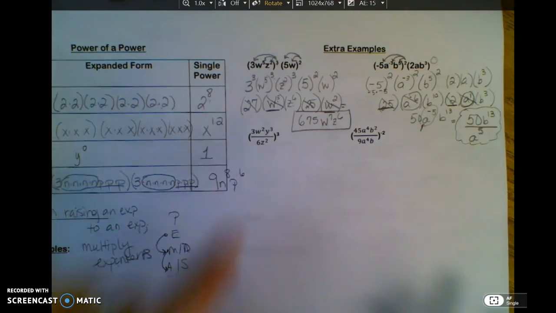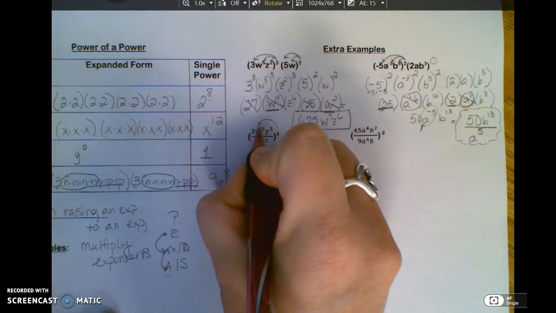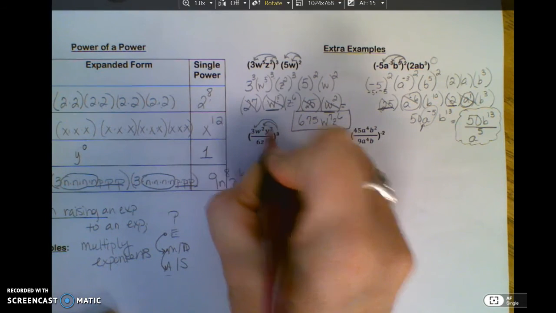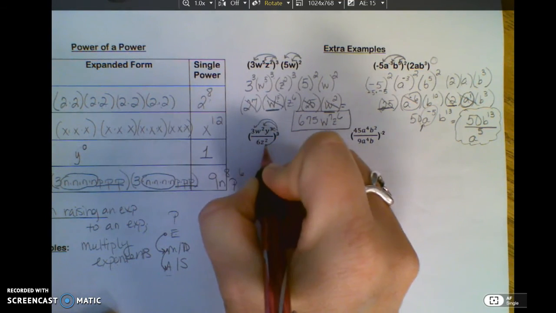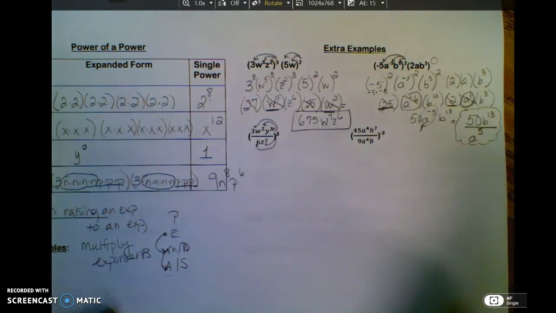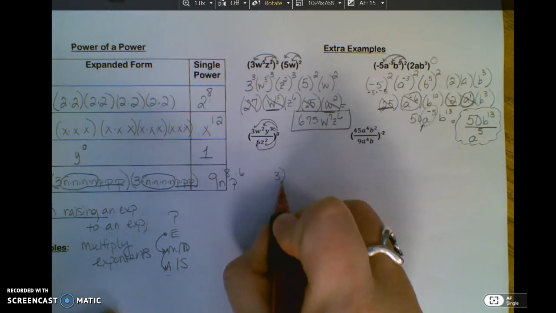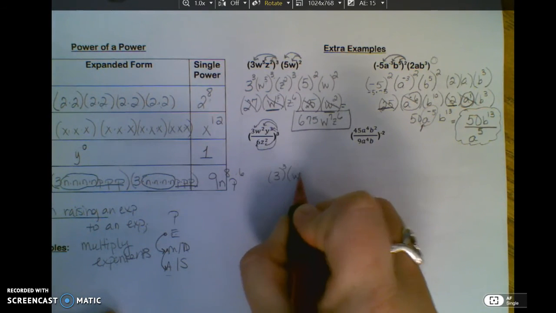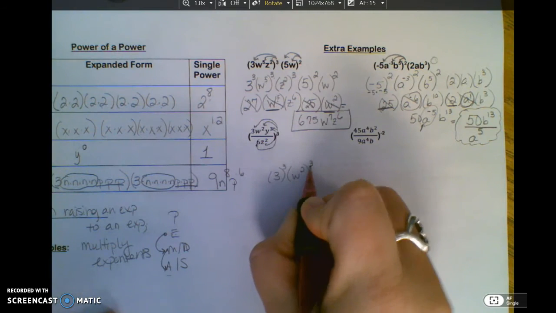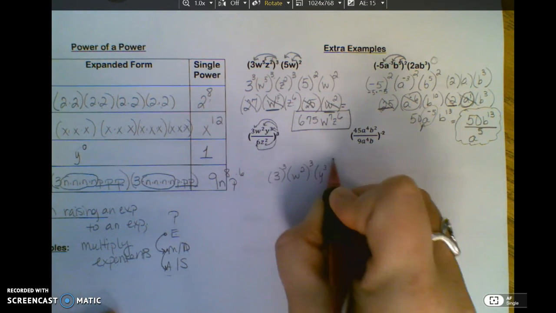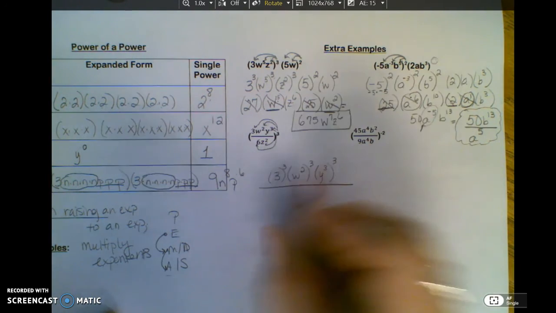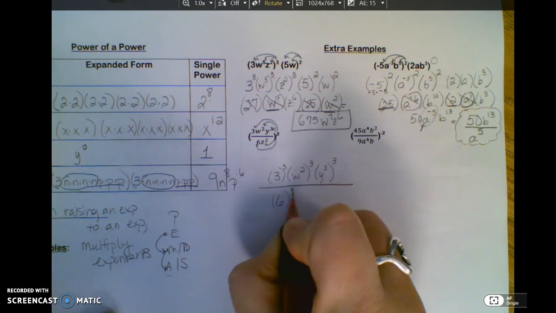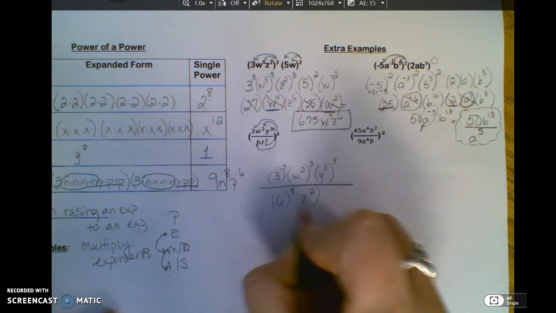Okay, the next one. This 3 goes, since this is a fraction, to everyone. So that means I have 3 that's being cubed, w squared that's being cubed, y cubed that's being cubed, divided by 6 that's being cubed, and z squared that's being cubed.